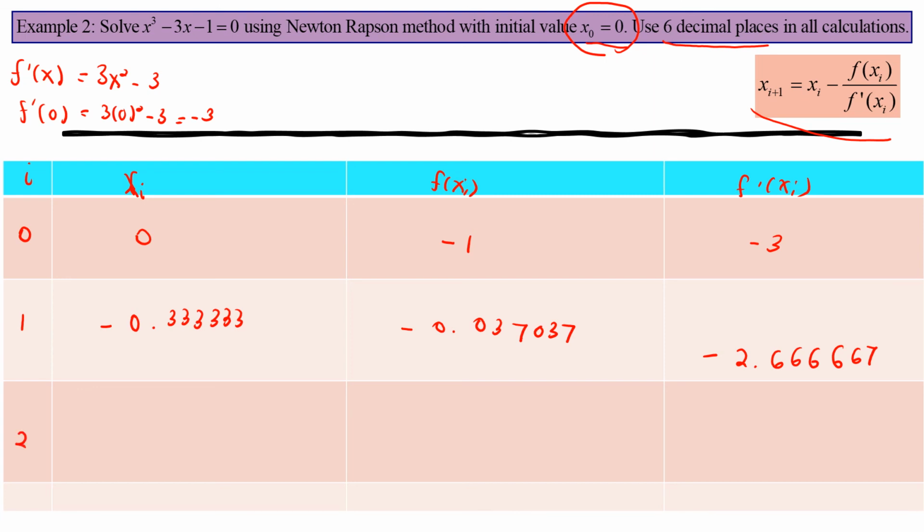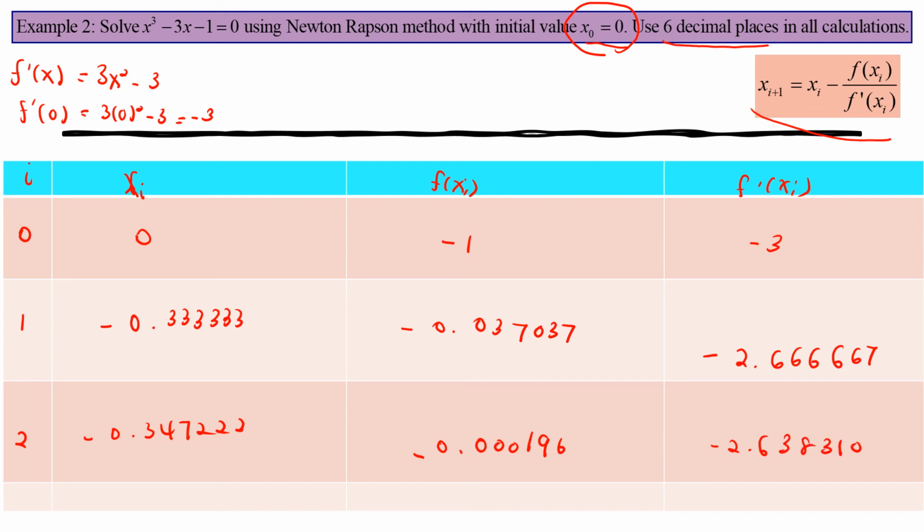Okay, next for iteration 2, you repeat the same step. For x2 you will get negative 0.347222. For f(x2) you will get negative 0.000196, and for f prime of x2 you will get negative 2.638310.